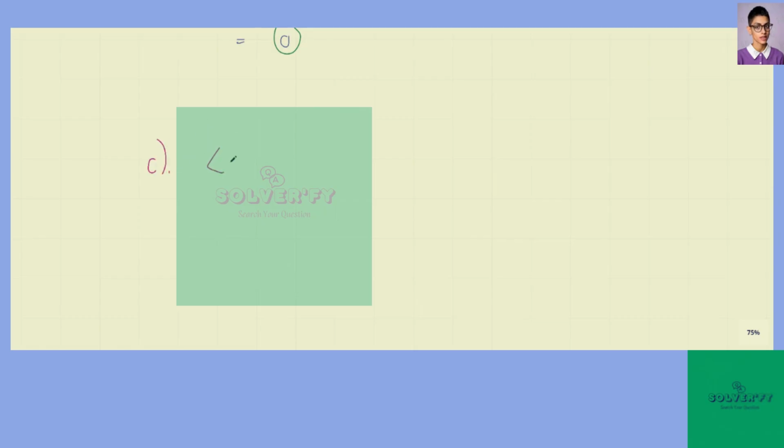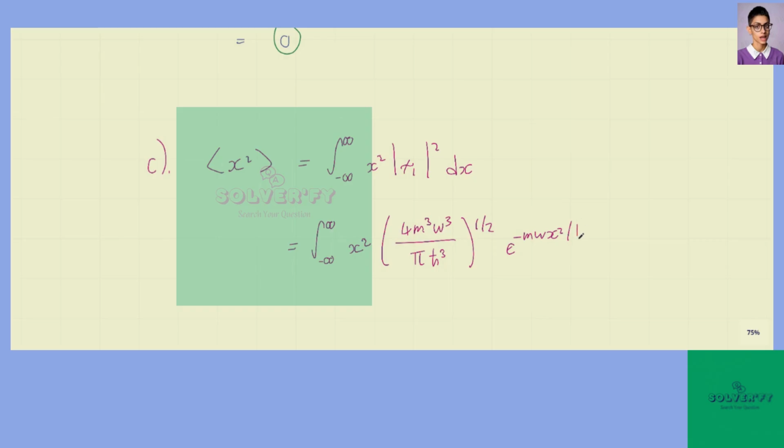Next, we want to find the expectation value of x squared, and this is equal to the integral from minus infinity to infinity of x squared times psi1 squared dx, which is the integral from minus infinity to infinity of x squared times 4 m cubed omega cubed over pi h bar cubed all to the power half times e to the minus m omega x squared over h bar times x squared dx.